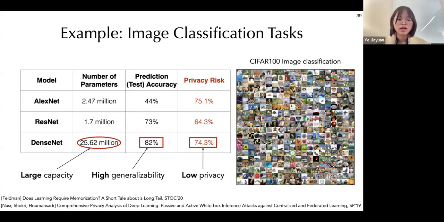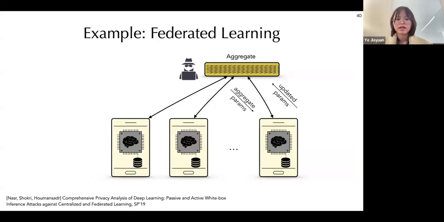And also, as we see, usually the larger the capacity of the model is, and the better the performance of the model is, the privacy will go down. This is intuitive because these models have higher capacity to memorize each individual training data.